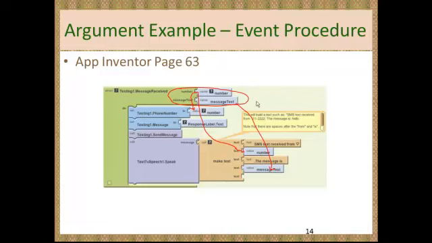Here is an example of an argument in an event procedure. So this event happened. Hey, you just got a text. Okay. So, well, what inputs do you have for me? Well, here's the number, and here's the message. That's the inputs to this message received. Then you can take those inputs and do different things, okay? So those act kind of like variables in a way, with data that you can do stuff with.